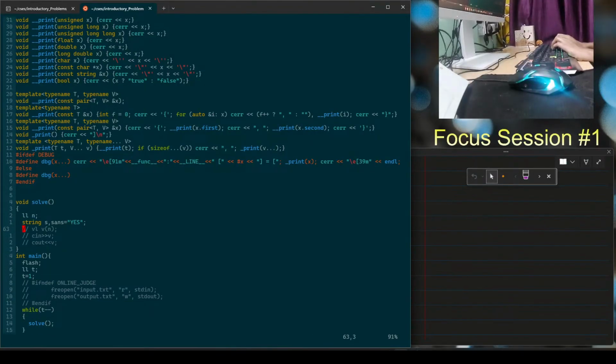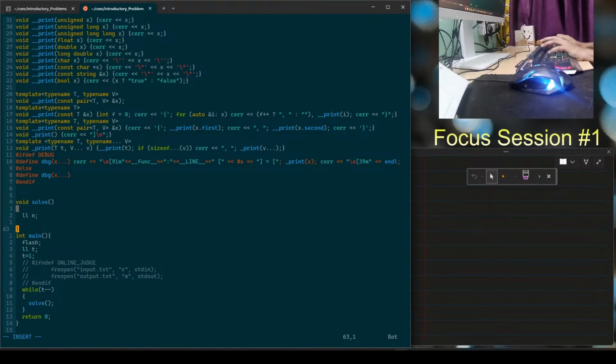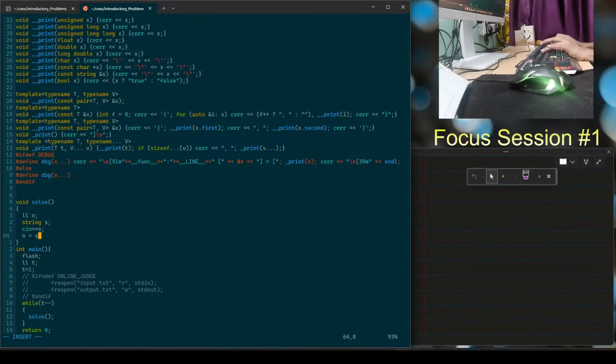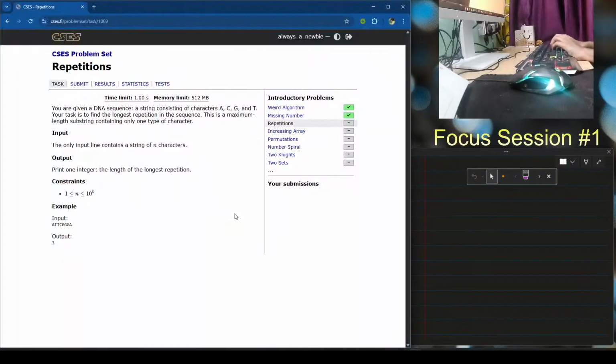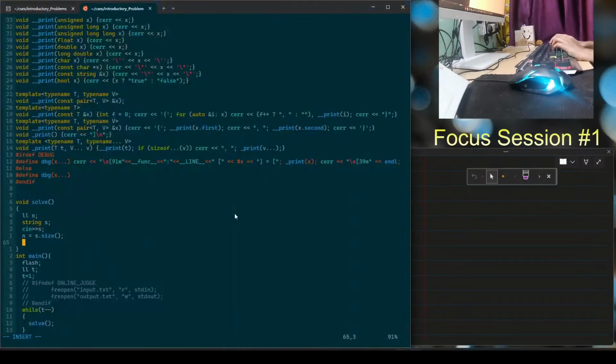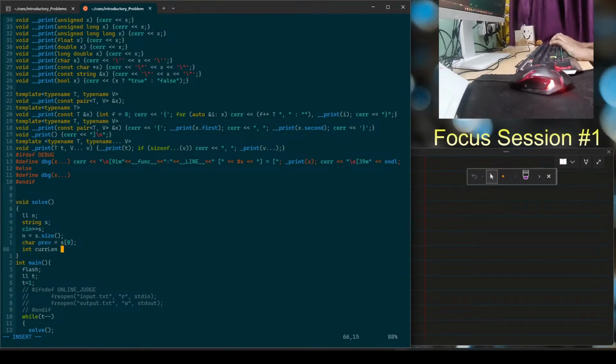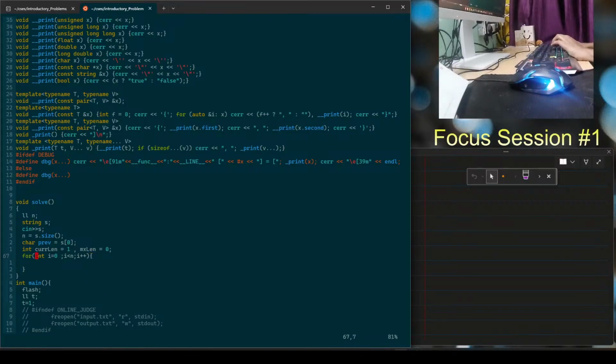Okay, I'm just taking string input, right? And I need to output the longest repetition. Like where previous will be s of 0, for example, the length equal to 1 and max length equal to 0. So I will just iterate over the array. If s of i is equal to my previous character, then I will do length plus one.